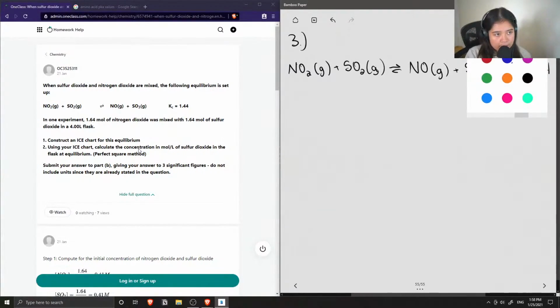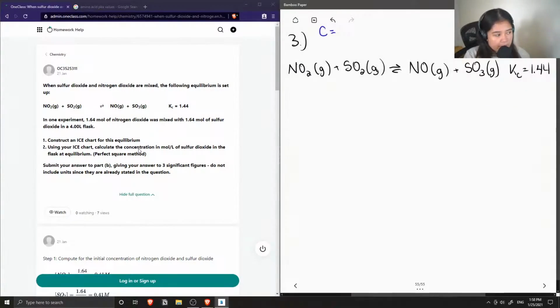So I'm just going to first calculate the concentration on top here for both my nitrogen dioxide and sulfur dioxide. They have the same number of moles and the same volume.